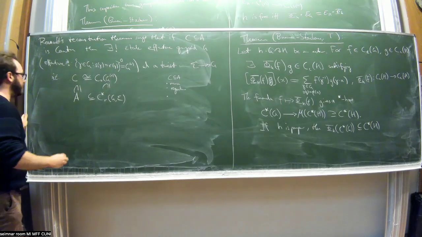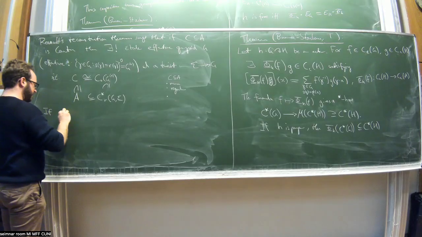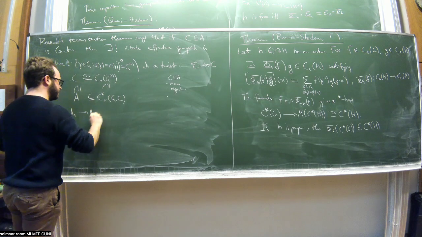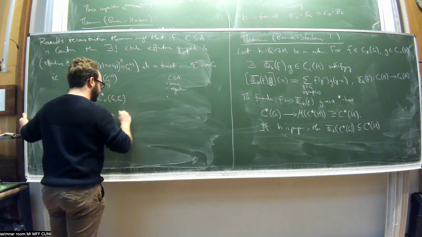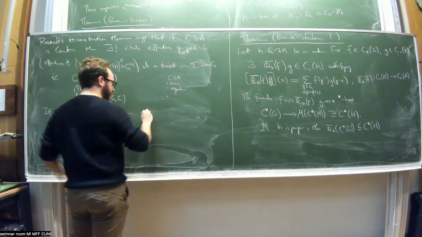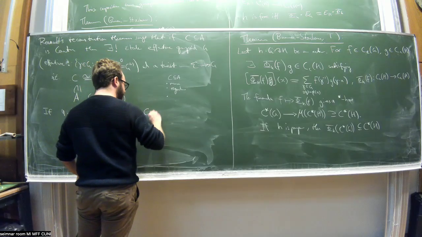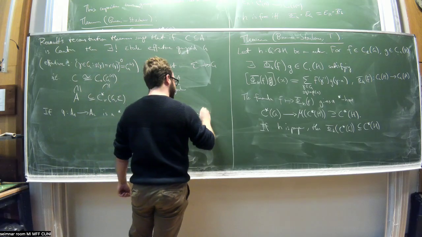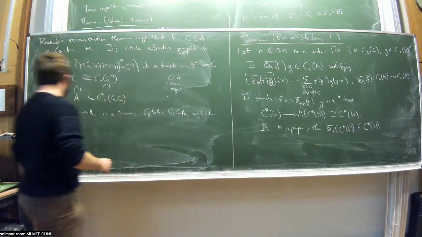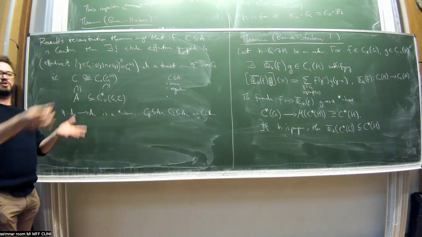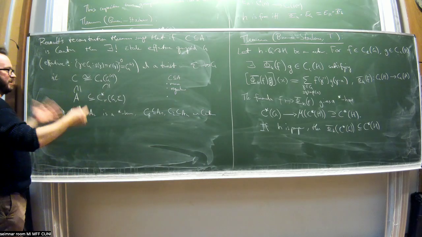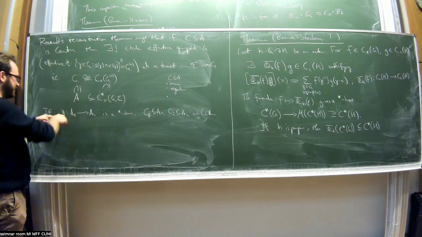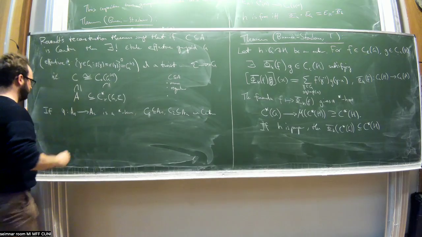Now, you can ask: if phi goes from A1 to A2 is a star homomorphism and C1 inside of A1, C2 inside of A2 are Cartan, and phi preserves all of the Cartan structure, the stuff that tells you how to build this groupoid, can you build this star homomorphism from groupoid data?